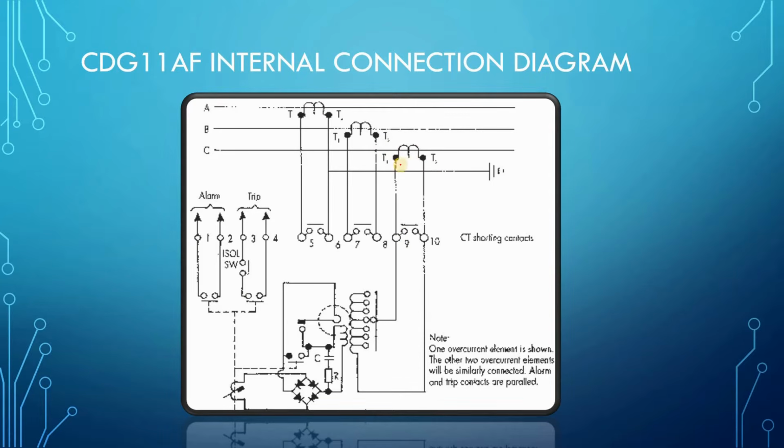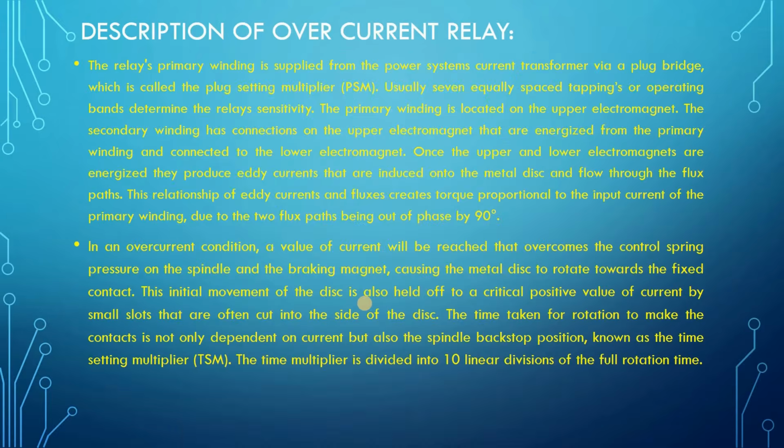This is the CT. From the CT, it is connected to the relay primary winding through the plug bridge. So plug 1, plug 2, plug 3, like these bridges are there. We'll see in detail what the plug bridge is and how to operate the bridges.